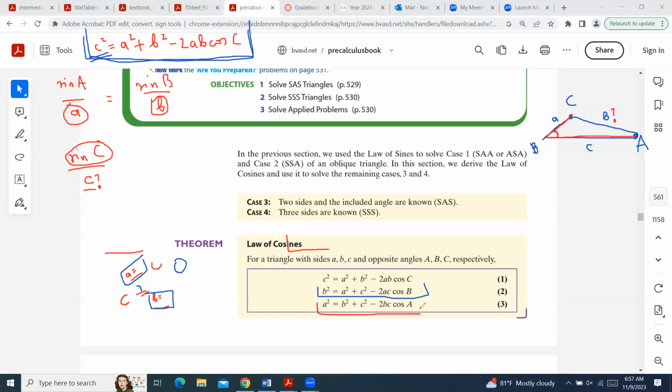Analogously for the third possibility, here I have the two sides B and C. So here's one, B, and here's the other, C. And we also have the angle in between, which is A. So whenever you have two sides and the angle in between, then you just go ahead and utilize the law of cosines, and you can find either the third side or just about anything that you have in these relationships.